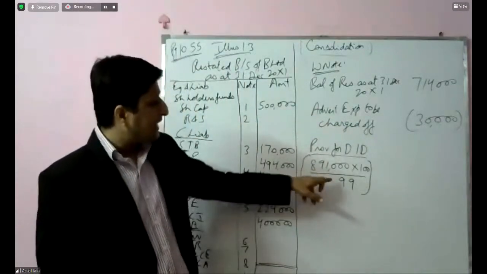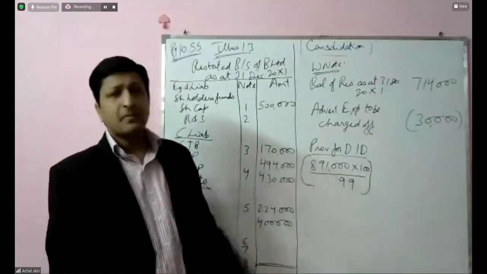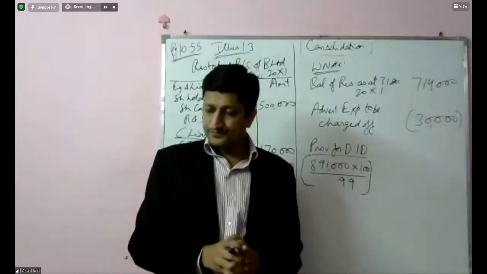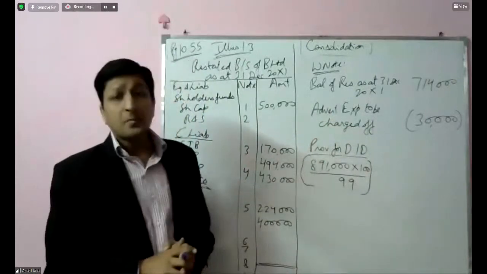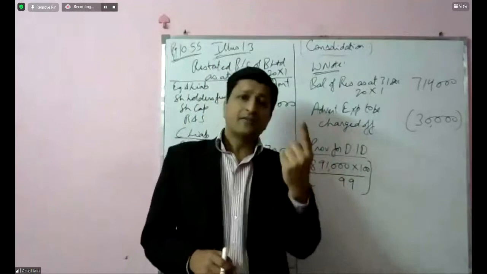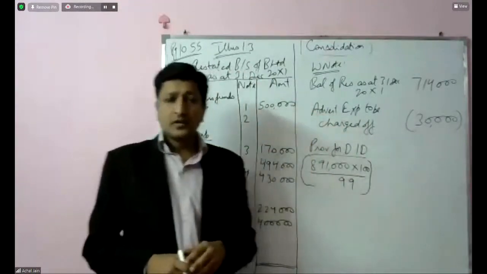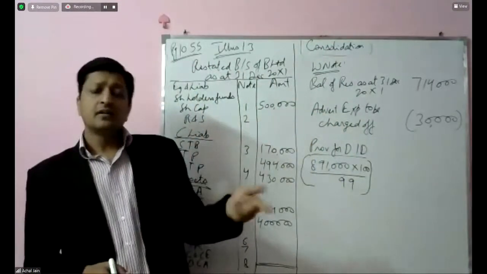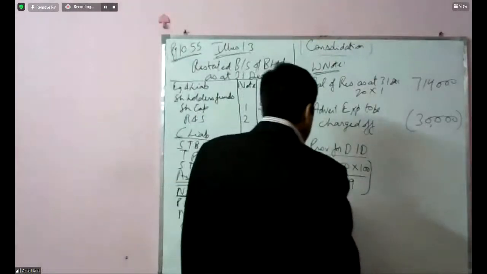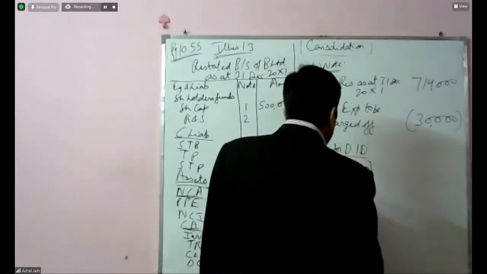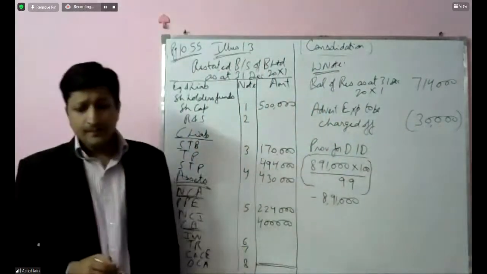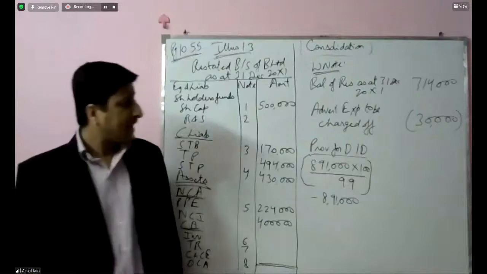So I'm dividing this by 99 and multiplying by 100. Total amount becomes 9 lakh. 1% of 9 lakh will be 9,000, and if you reduce 9,000, you get 8,91,000. So the provision is 9,000.